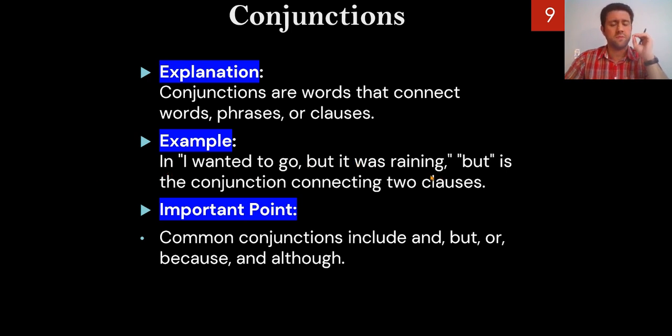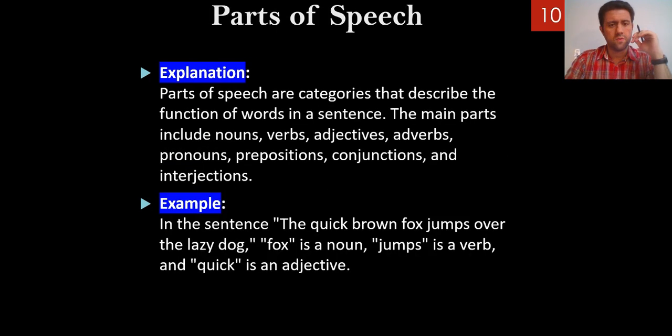So the conjunction but is connecting the first clause, which is "I wanted to go," to the next clause, which is "it was raining." Important point about conjunctions: common conjunctions include and, but, or, because, or although.